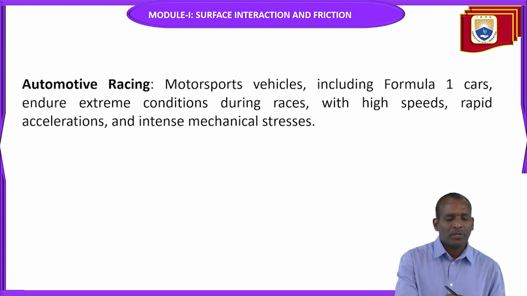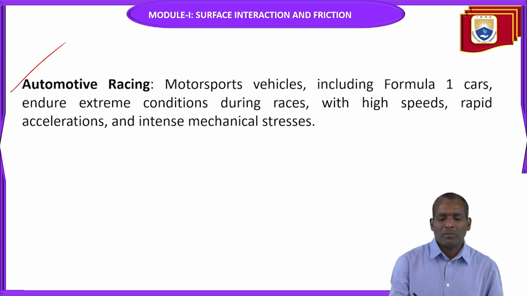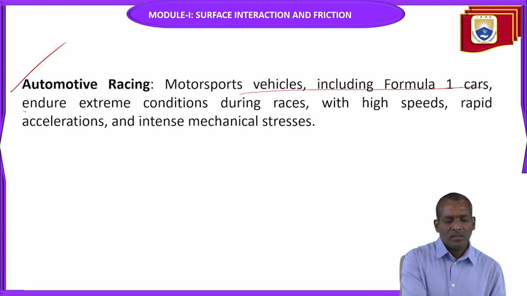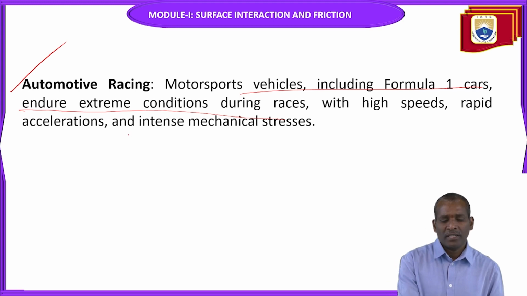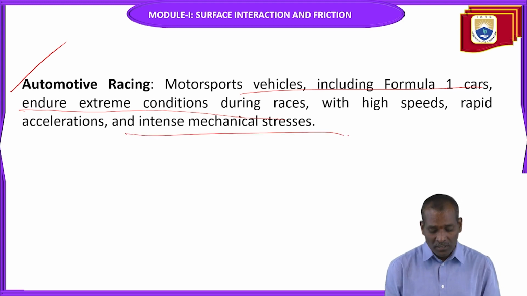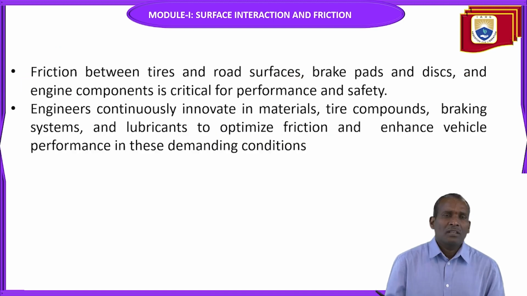So next, automotive racing. Next example, motorsports vehicles, including Formula One cars, endure extreme conditions during races with high speeds, rapid accelerations, and intense mechanical stresses. So these are the examples for friction in extreme conditions.